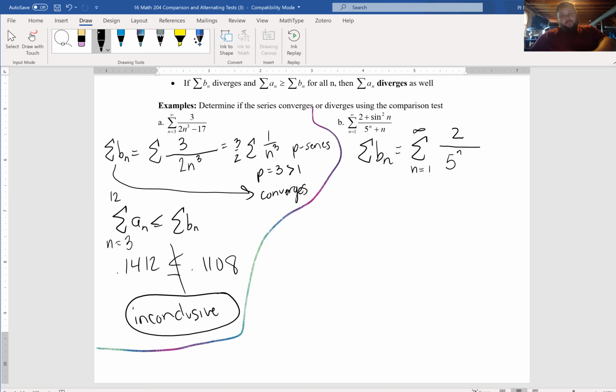So that one's a tricky one. I don't think anyone's gotten that on the first try, so don't feel discouraged by any means. So those are our dominant terms.